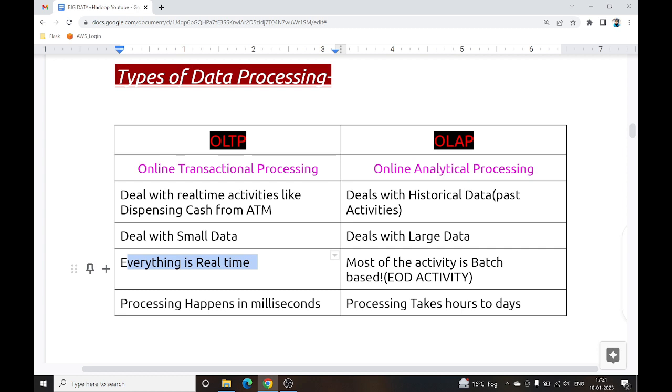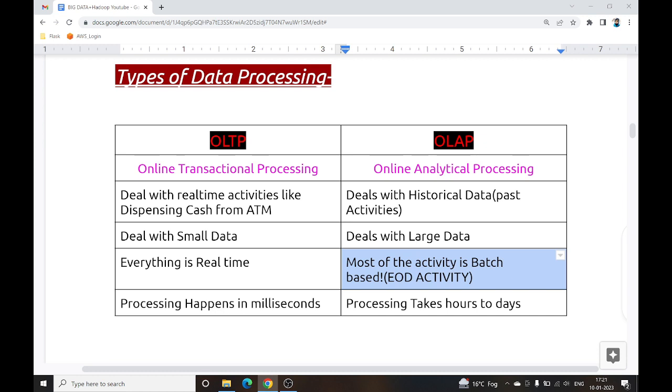But if I talk about an OLAP system, or online analytical processing, it deals with historical data, past activities data, and it always deals with large data. Most of the activity is batch based. Batch based means you are processing your data at a fixed regular interval of time, like the end of the day, the middle of the day, or every early morning.